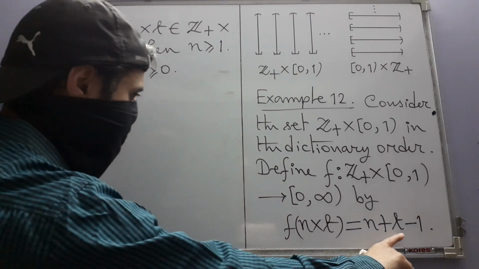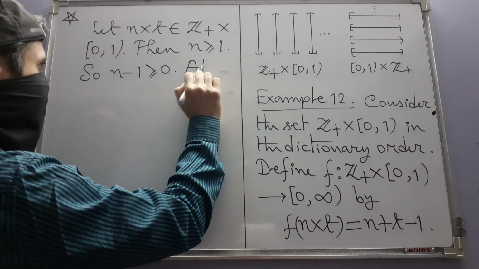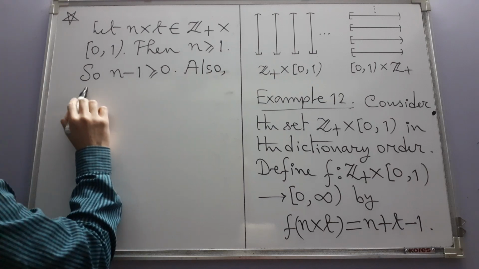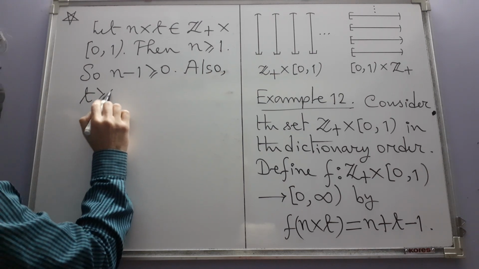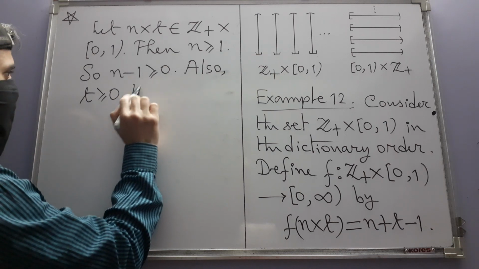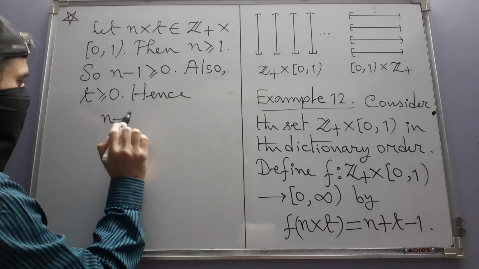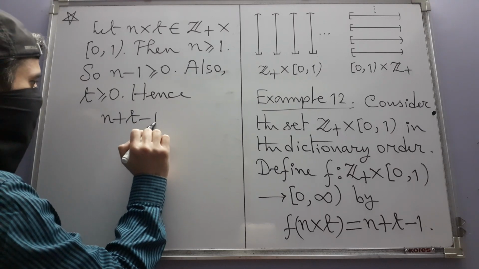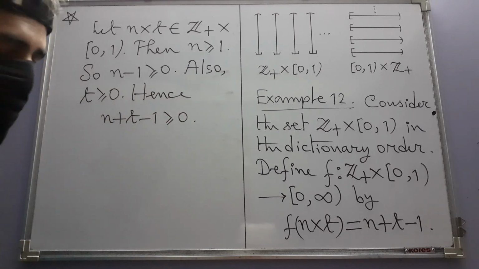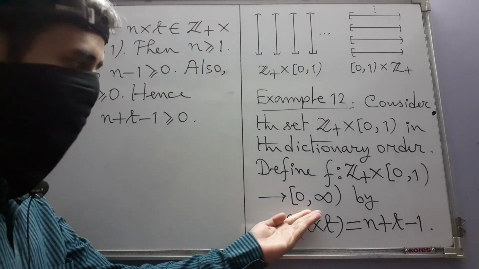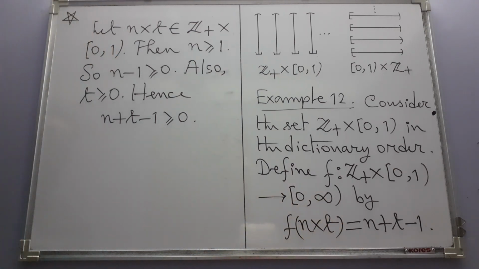Also, what is t? t is coming from this interval, so t is also non-negative. Hence n plus t minus 1 is a non-negative real number. So obviously it lies here because this is the set of all non-negative real numbers.